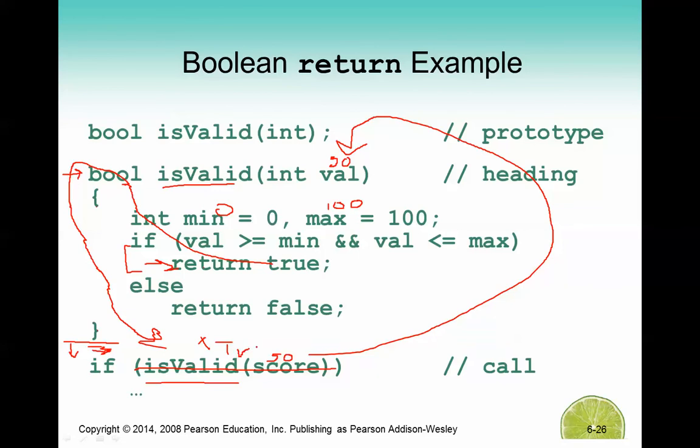True. So this is what we have here. True. So now the if that is here in main, right here, is going to be executed, whatever we have here. Okay, questions?